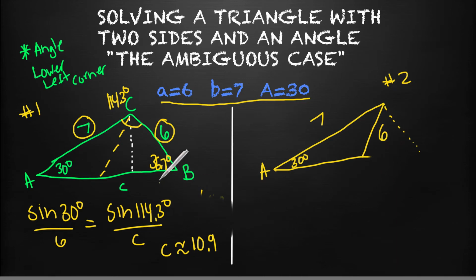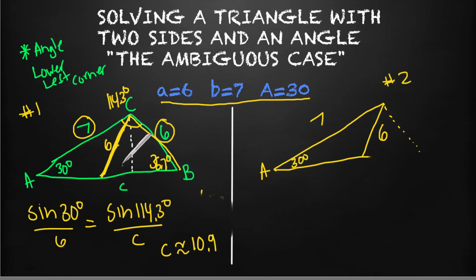So I want you to pay attention to, for just a moment, that if we take this side of 6, and let's say we swing it inside, that means this side is 6. And this side is also 6.